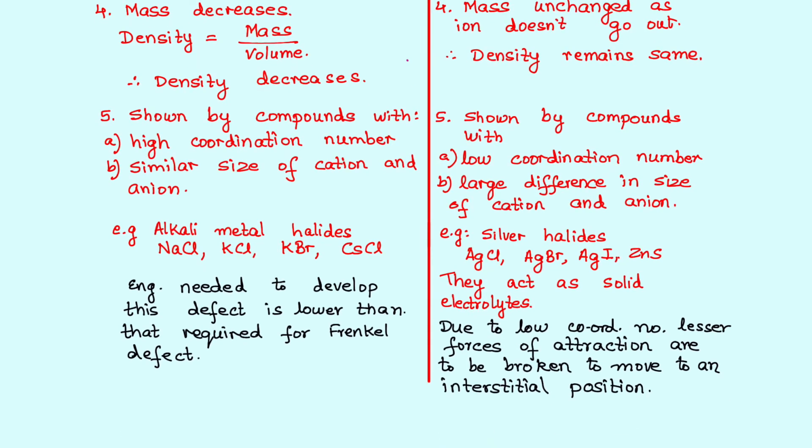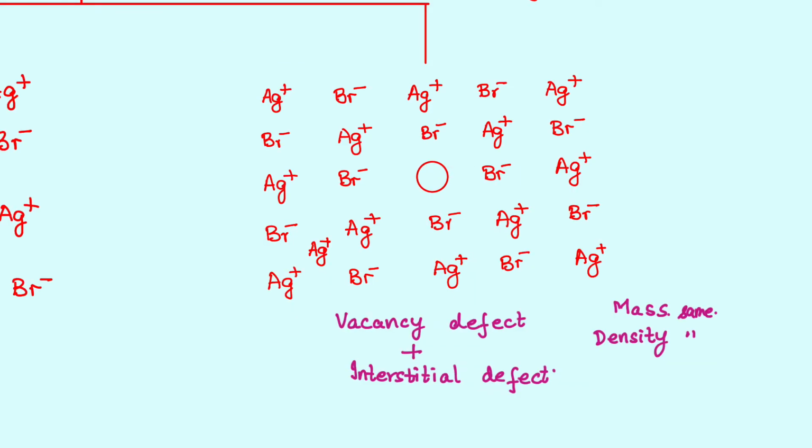Here we said that Schottky defect is shown by compounds which have high coordination number. Frenkel defect will be shown by compounds which have low coordination number. In other words, there's less crowding in the class. This ion can only go and occupy an interstitial position if there are fewer students in the class.